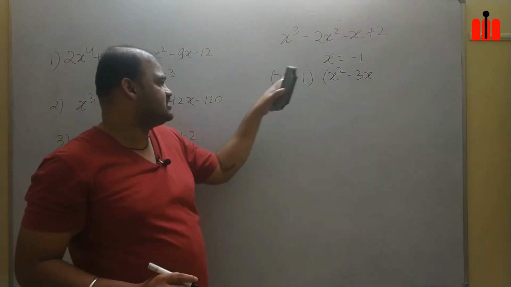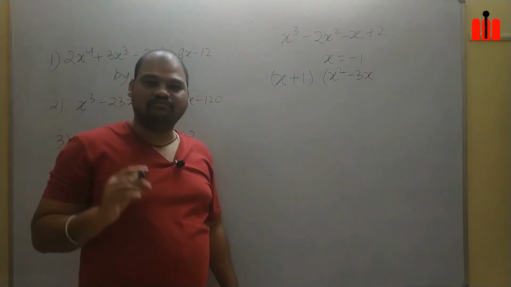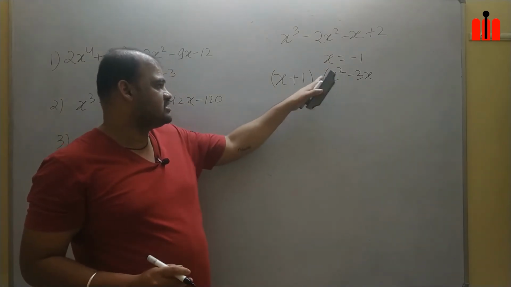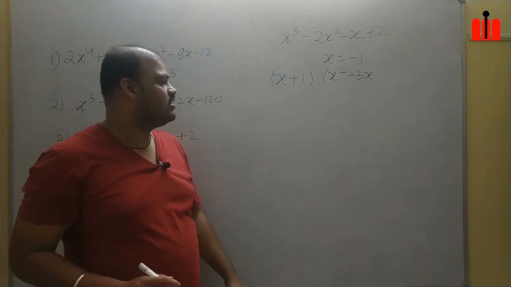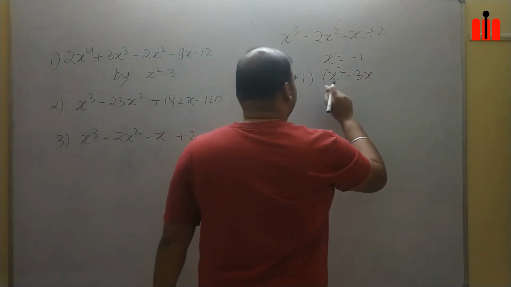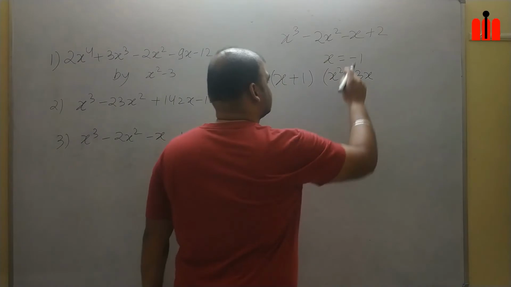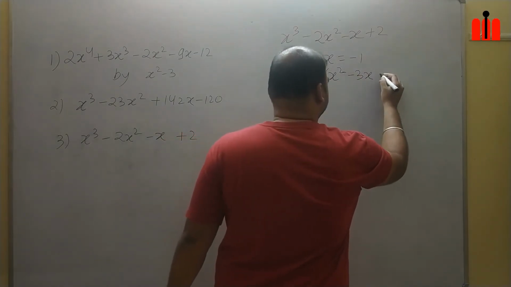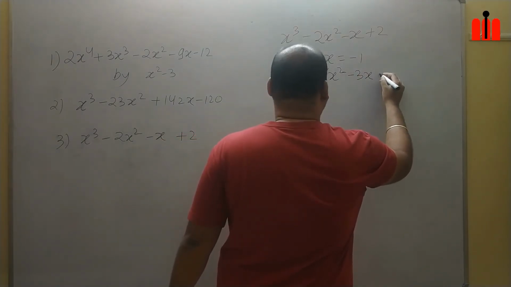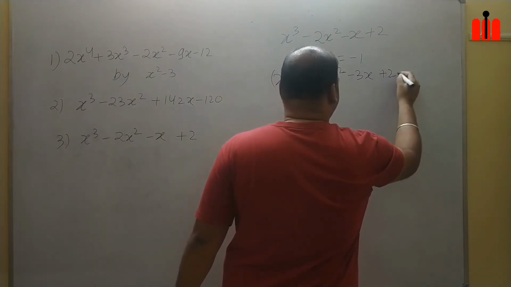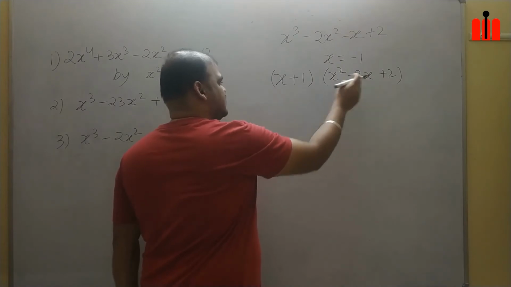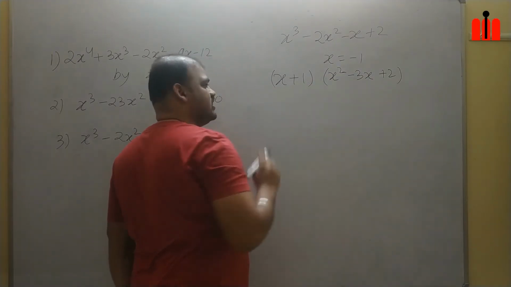So that's why minus 3x into x, it will become minus 3x square, and this x square, when it is added with minus 3x square, it will become minus 2x square, and after that it will become minus 3x, but here you are having minus x, so minus 3x minus x, so you will be adding plus 2, so minus 3x plus 2x.